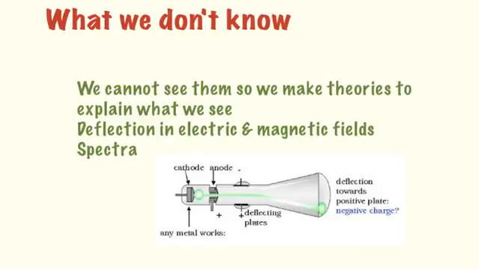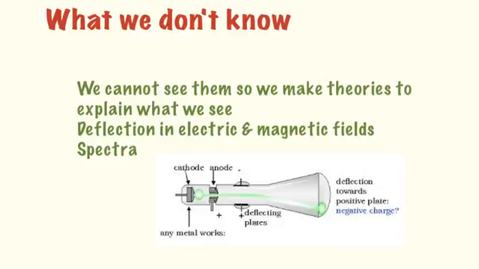The idea, as I've said, came from the work that Thomson did, and the tube shown here, the cathode tube, is basically what he was using. With the charged plates, as we can see, the deflecting plate causes the beam to bend towards the positive.